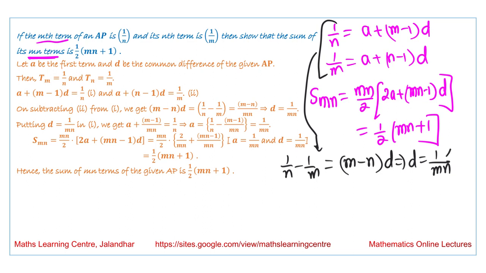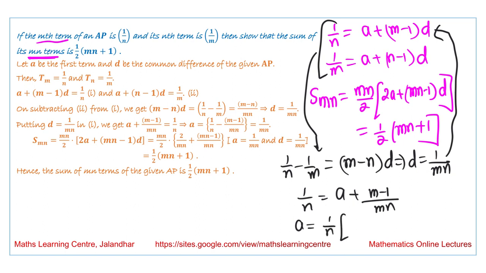And if we substitute this value in the first equation, we obtain 1 by n is equal to a plus m minus 1 by mn. We obtain a is equal to 1 by n into 1 minus m minus 1 by m. This is equal to 1 by n into m minus m plus 1 by m, so it is also equal to 1 by mn.